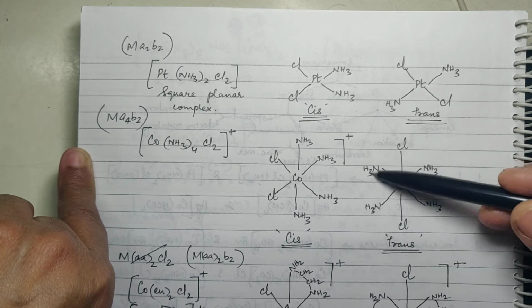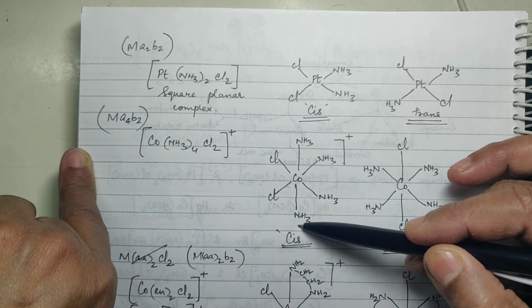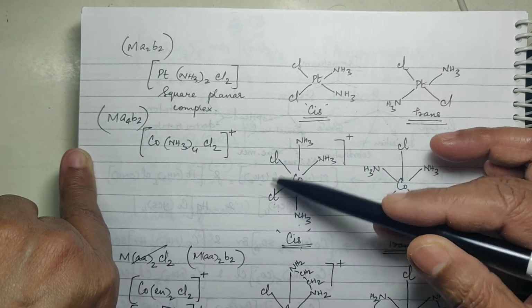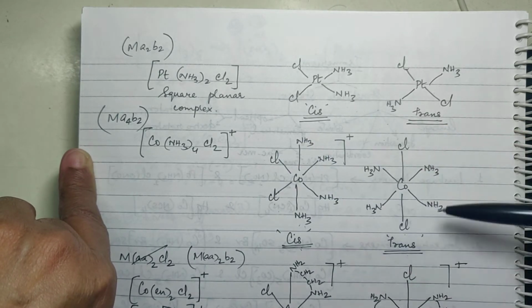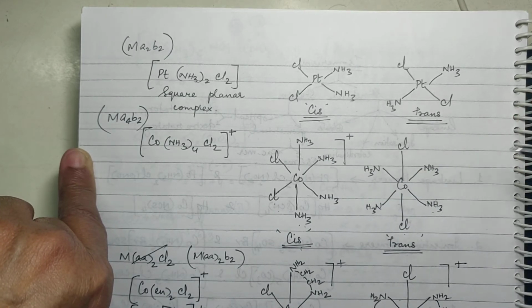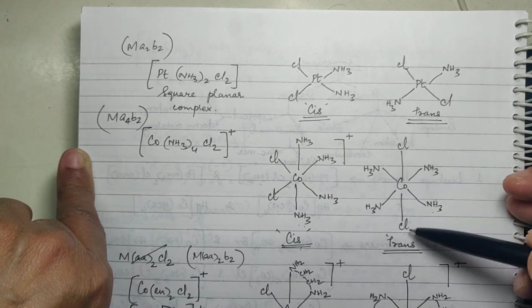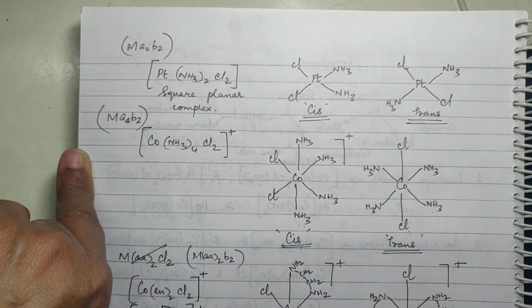Now with respect to NH3, it is cis. Here also it is cis. But here it is cis with respect to both types of ligands. But here only with respect to this, they are all in the same plane. So with respect to NH3, you can say it is cis. But with respect to the other, it is trans. So you will call it trans only.